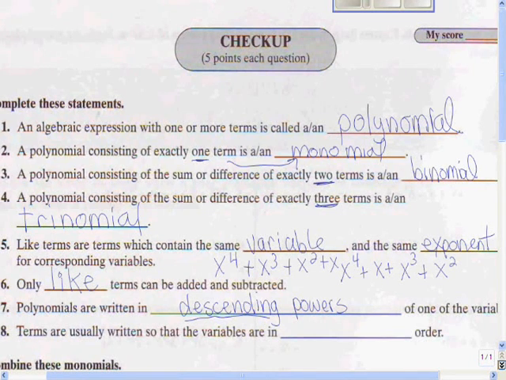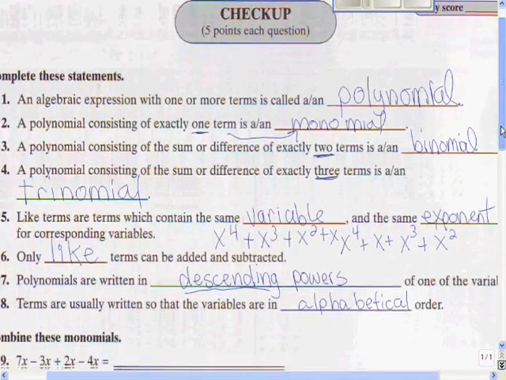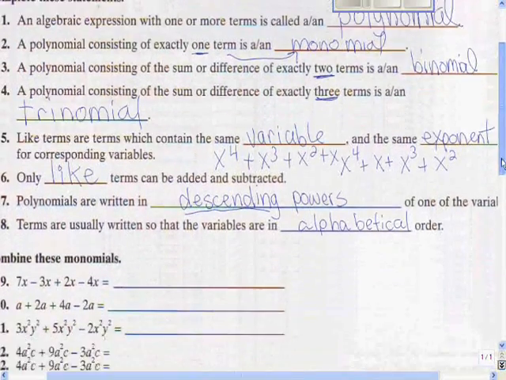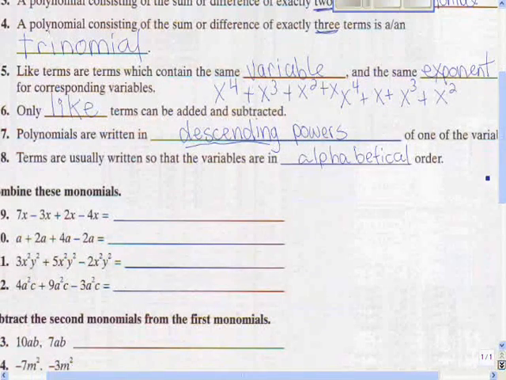Okay. Terms are usually written so that the variables are in alphabetical order. Remember, we were doing that in the other pages. When we got our answer, we had to write it in alphabetical order. Now here they want you to combine these monomials.